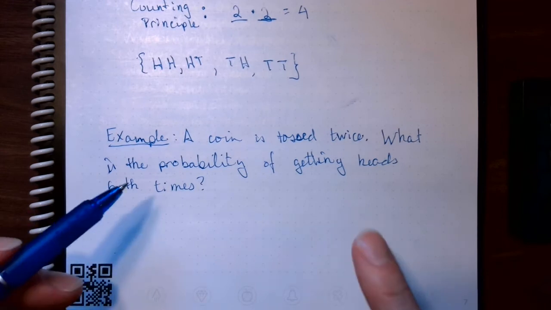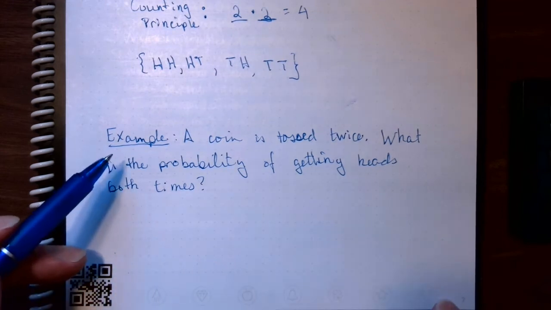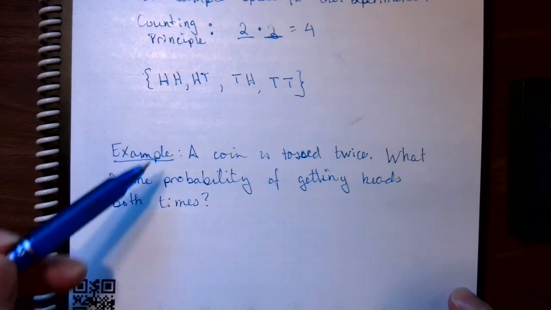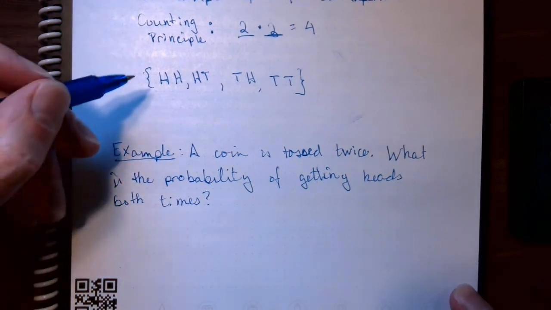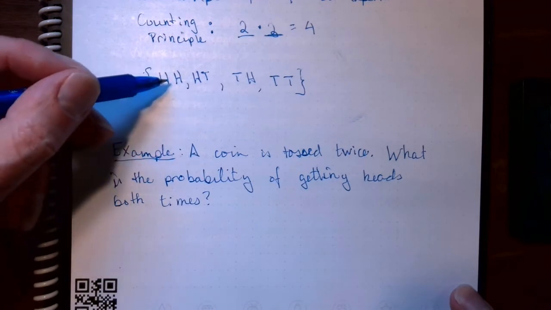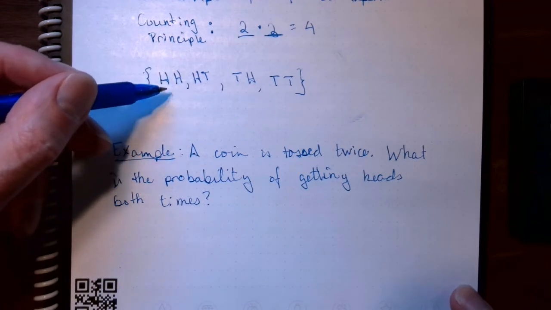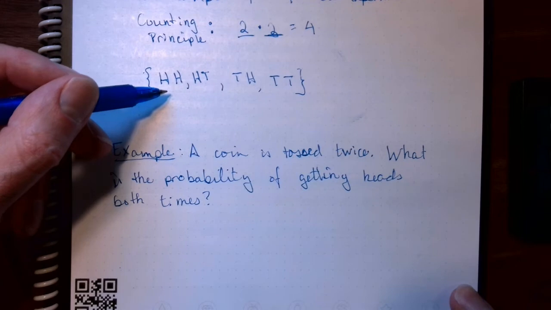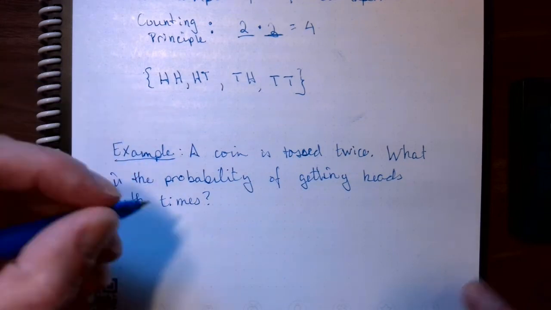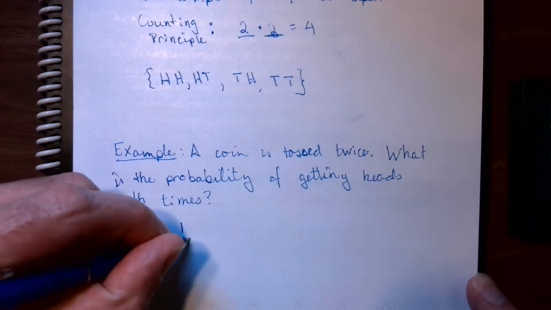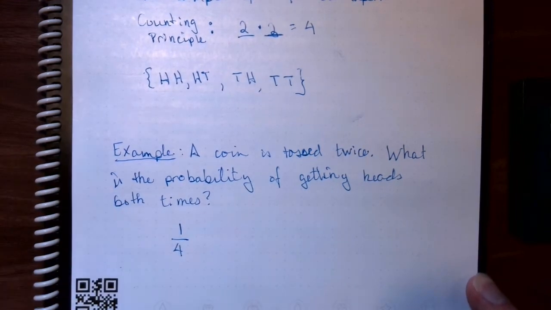Okay. Now that we have the sample space, we can answer this question. What is the probability of getting heads both times? Well, looking up here, there is exactly one event that meets our criteria, one thing in the sample space. So the probability of getting heads both times is 1 in 4.